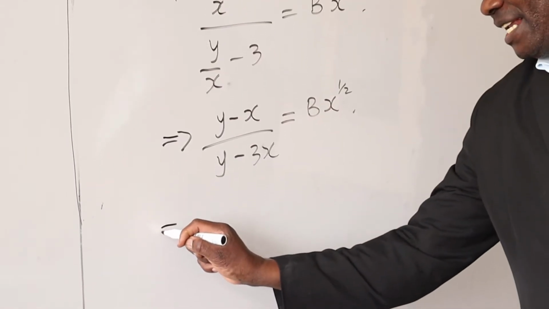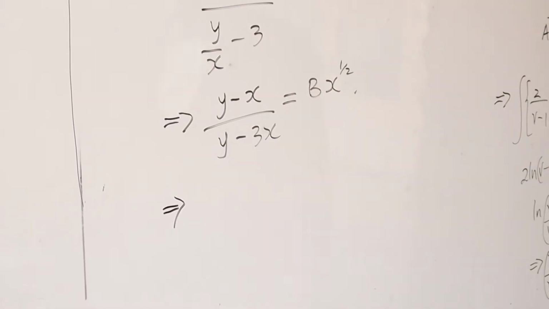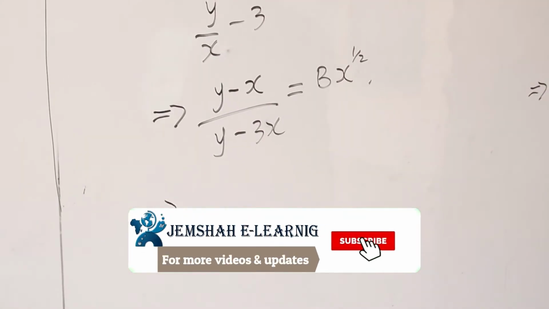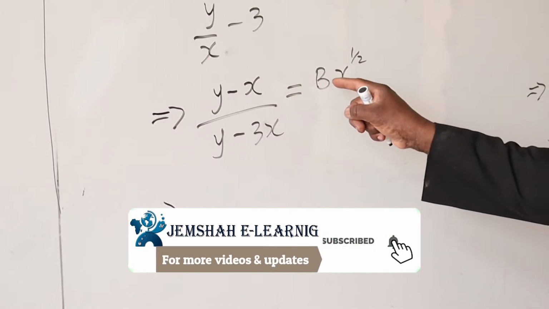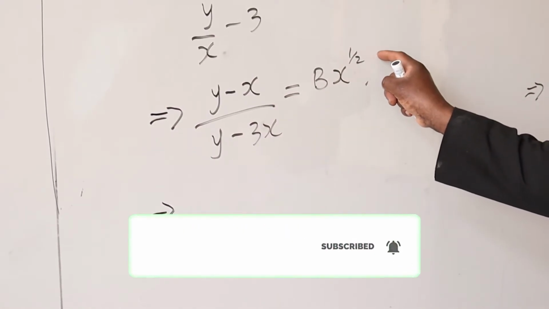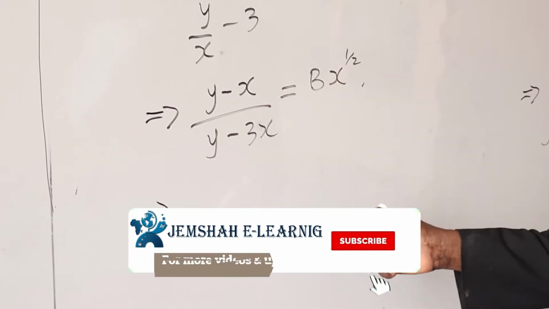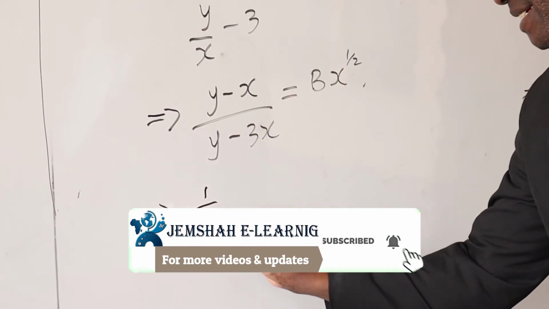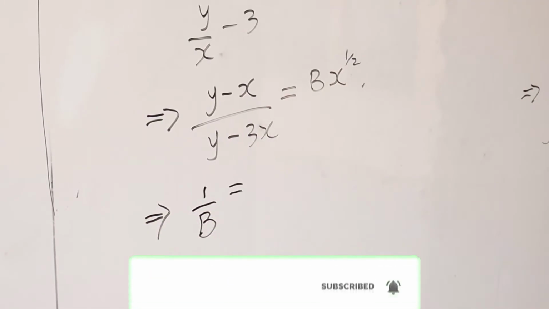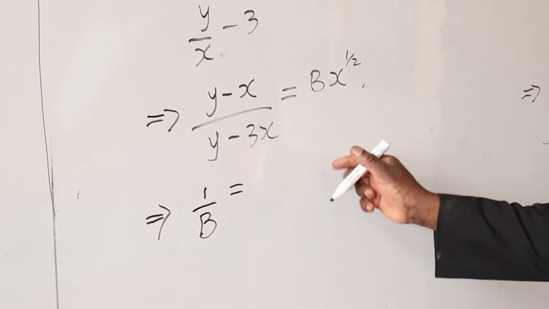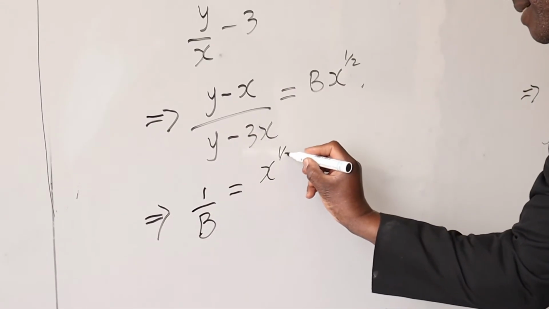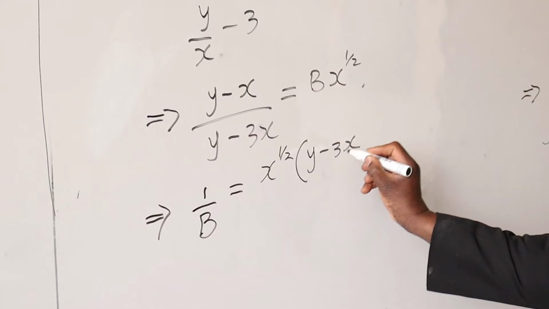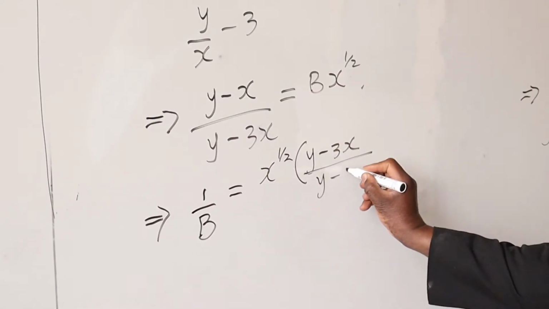So the solution we can write as, the solution now we can write as, we can have this x power half remaining this way. We take this one this side, so we can say 1 all over b is equal to x power half into y minus 3x all over y minus x.